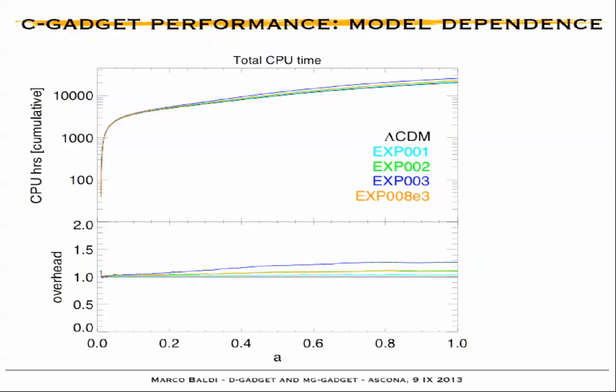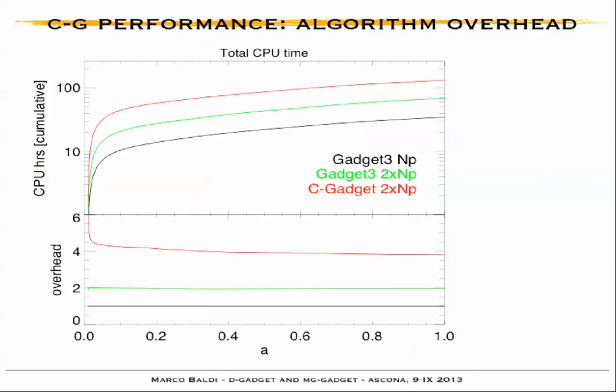But unfortunately, this is not all because, as I said, the reference here has also been run with C-GADGET. Now you have to add this to the overhead that you get when you run C-GADGET as compared to standard GADGET, which is this. So as I said, in C-GADGET you need to have two types of particles.